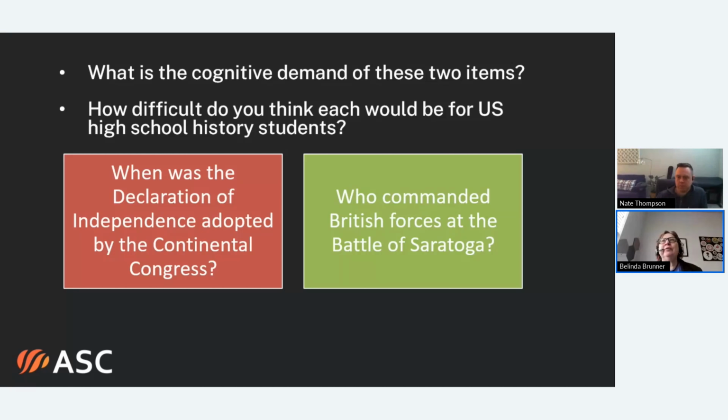So people often, in casual commentary, think about Bloom's as being synonymous with difficulty of an item. And it's related to that, but it's not a clear or direct correlation with difficulty, because you can have recall questions, for example, that are very difficult simply because they're such obscure information or trivial information.